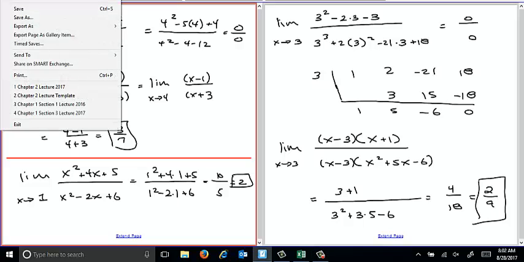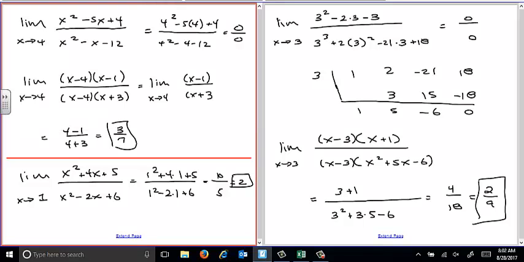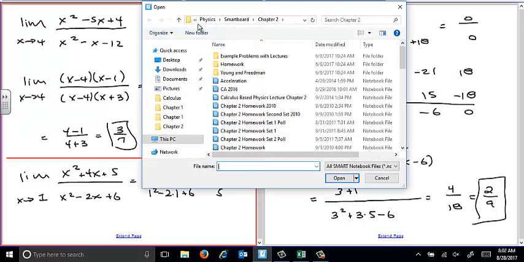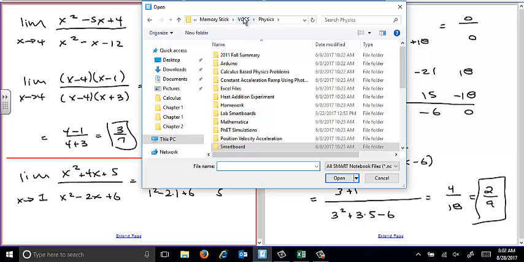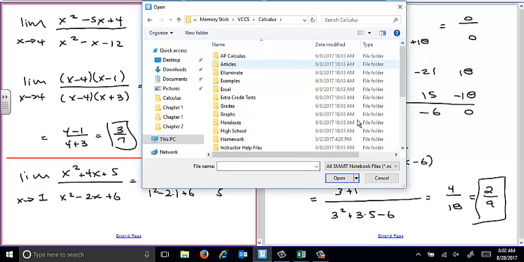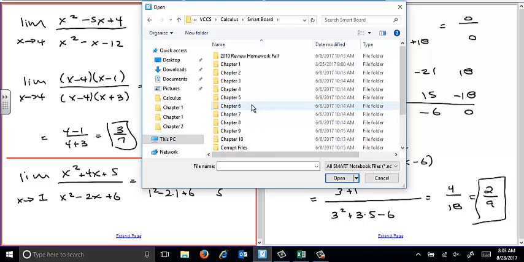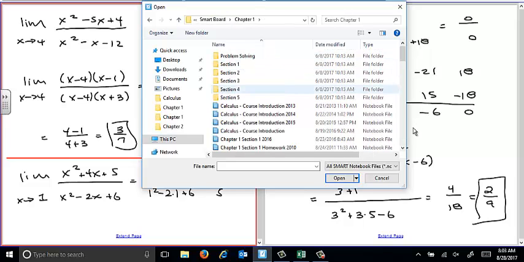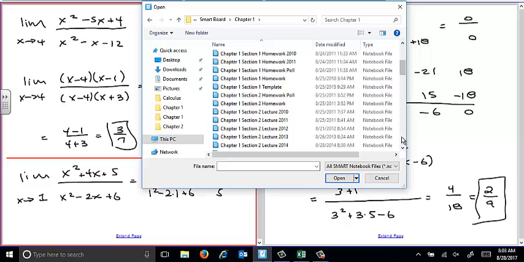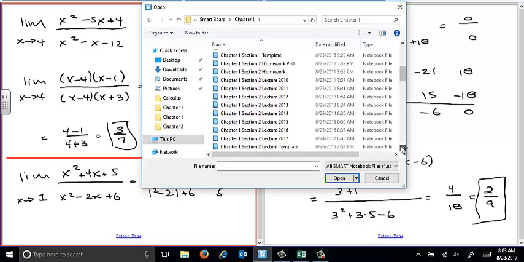So let's see. So I save the notes from every year.